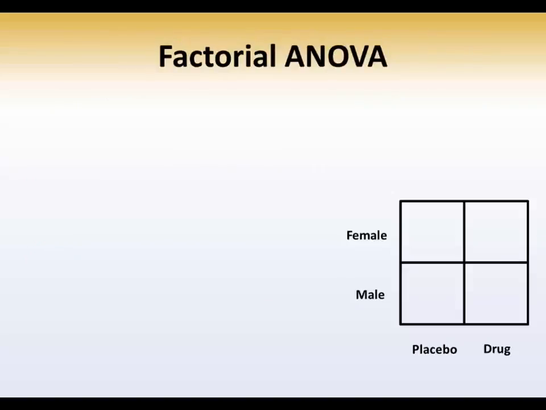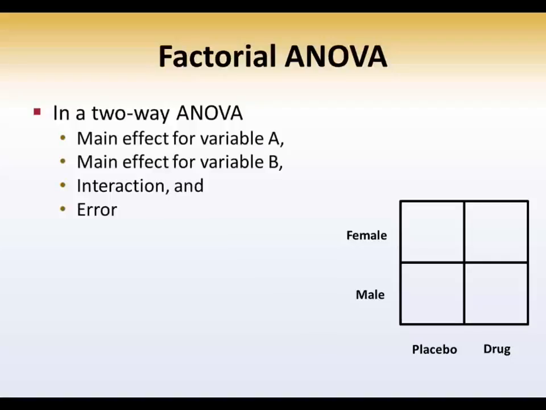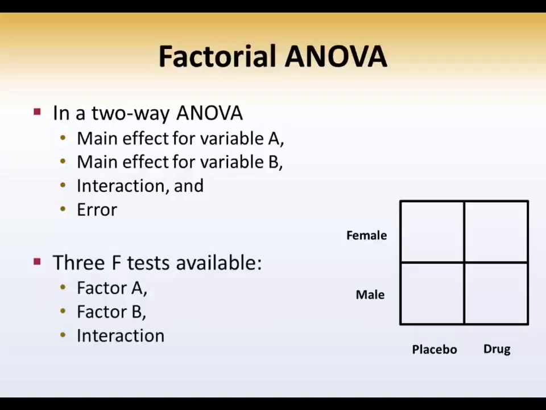Here's our example, a two-way factorial ANOVA. It's gender by medication. In a two-way ANOVA, you will test for the main effect for variable A, the main effect for variable B, and test for interaction. So you will have three F-tests, one for factor A, one for factor B, and one for interaction.